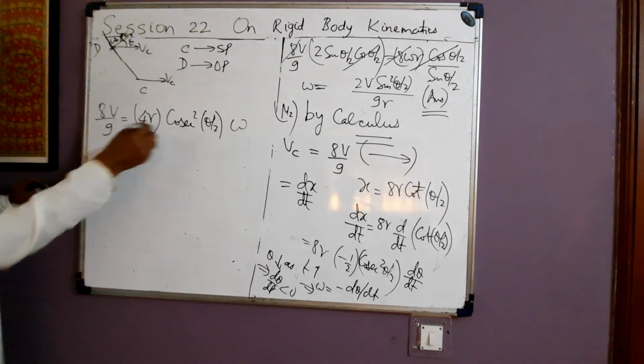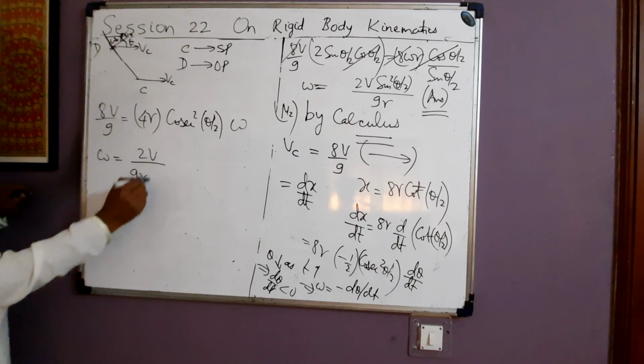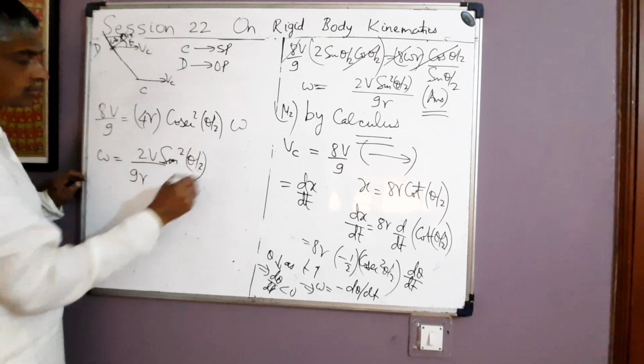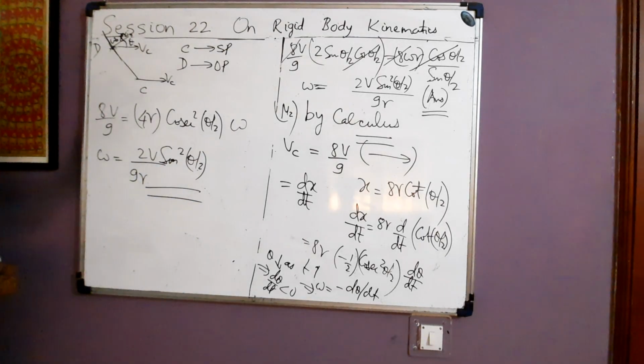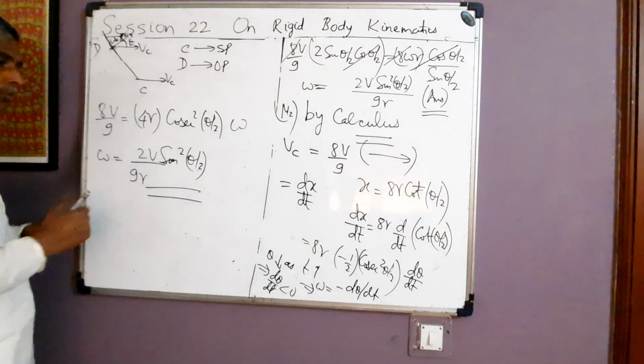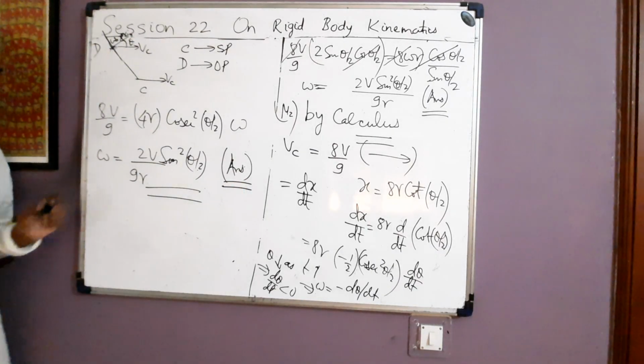So from this we see that omega is equal to 2v by 9r sine square theta by 2. So omega becomes 2v sine square theta by 2 upon 9r. The same answer has been obtained here also. So I have solved this problem.